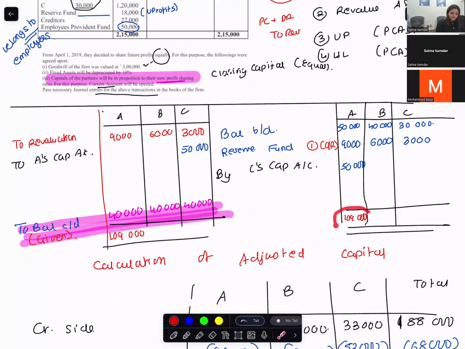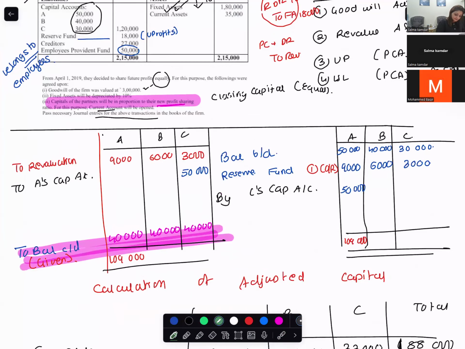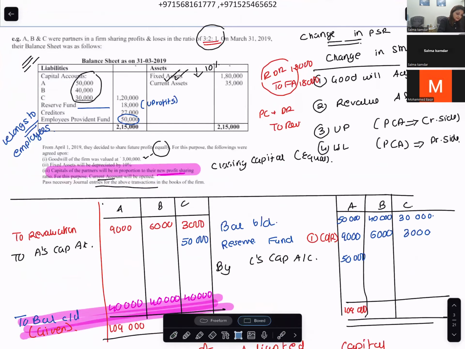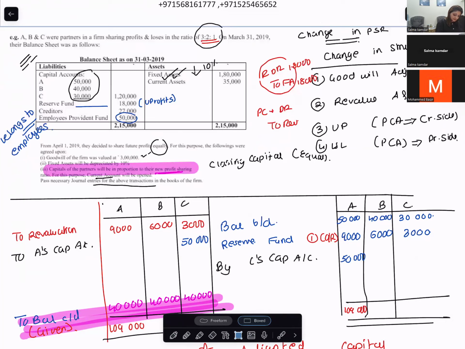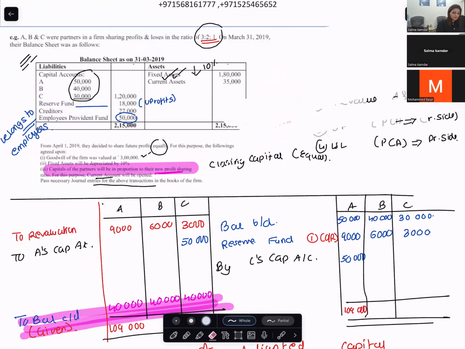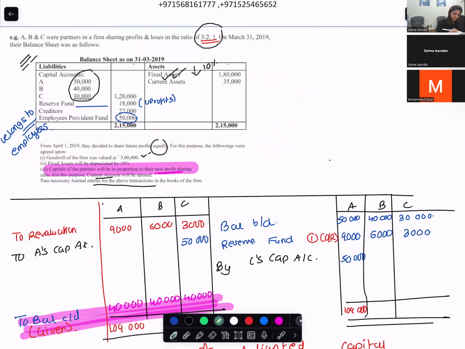Whatever is more, I will write at both the places. 109,000 will be written on both sides. 109 minus 49 comes up to how much? 109 is on the credit side, 49 is on the debit side, so it will come up to 60,000.